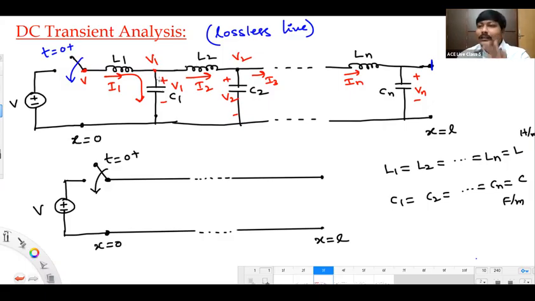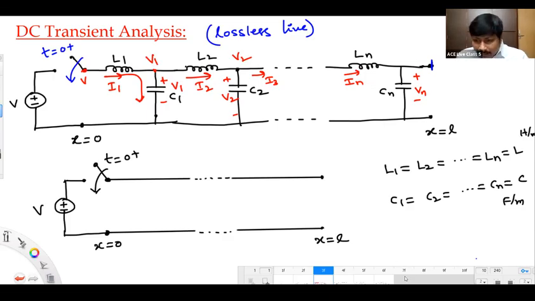Finally, half L1 I1 square, half L2 I2 square, half L3 I3 square, up to half Ln In square, all these energies are equal.